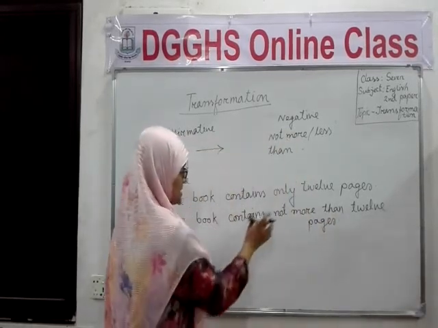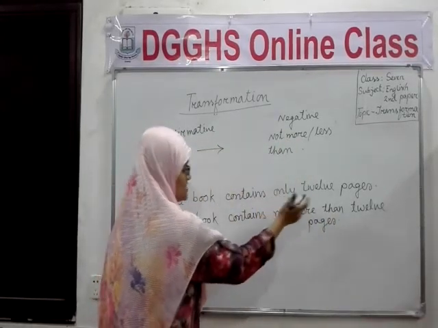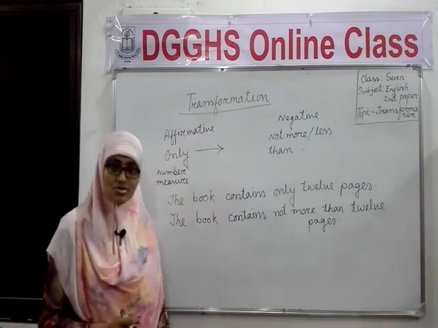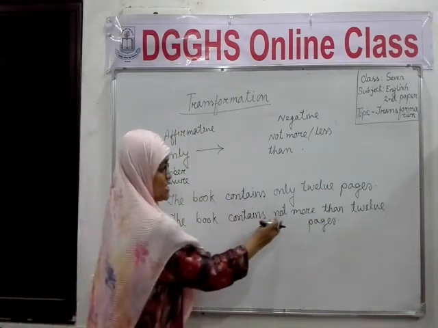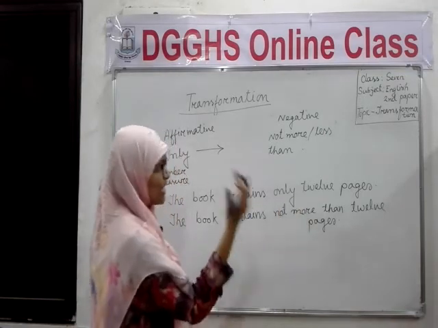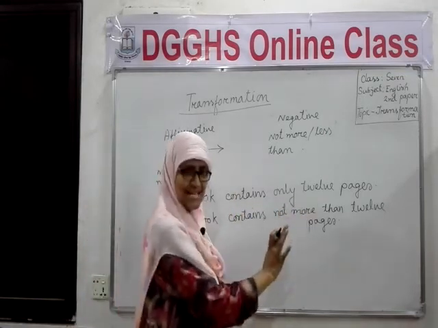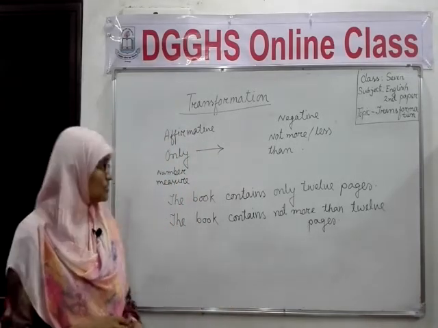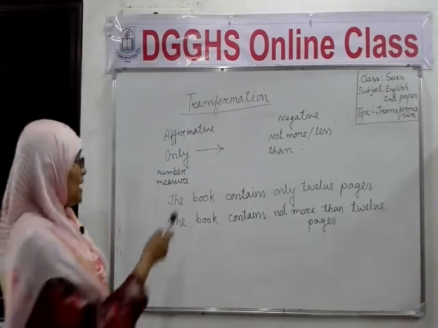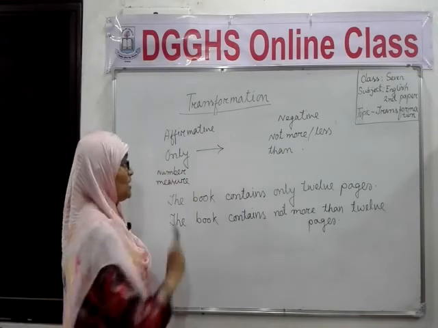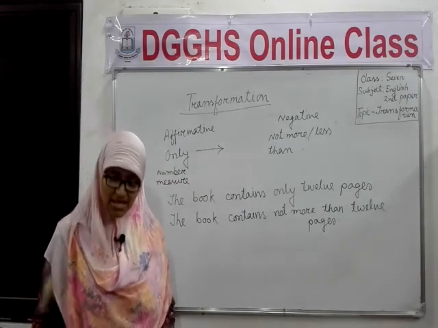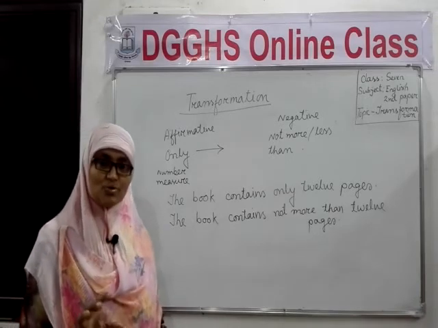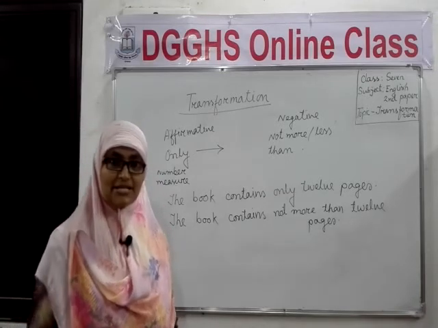Here notice, this only refers to some numbers, some measures. So we have used here not more than. You can use not less than also. Okay? So when you have only and alone in your affirmative sentences, you have to use certain phrases.